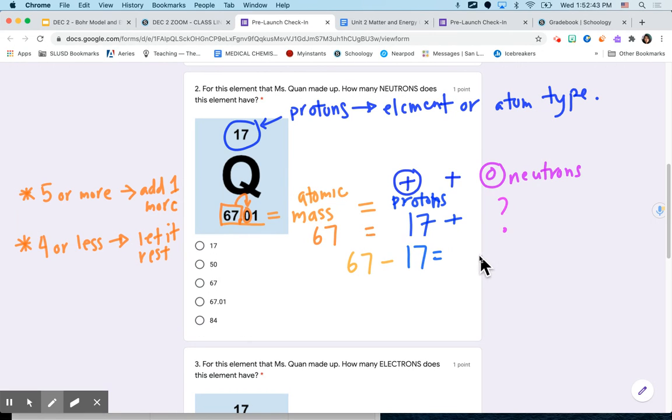So in my calculator, if I type in 67 minus 17, I will have 50 neutrons. So my neutrons is going to be 50 in this case, right?